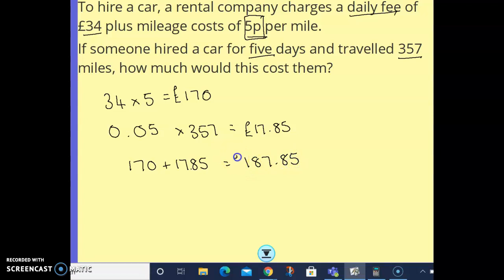Now, you won't get told what to round to here. It's money, so your answer should be to 2 decimal places. Just to show you, if you forget this one, and you do 5 times 357, you get 1,785 pence, which should be £17.85. So that's if you change it after you've multiplied.